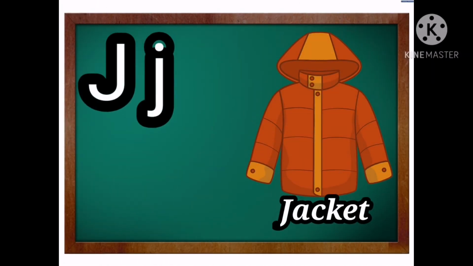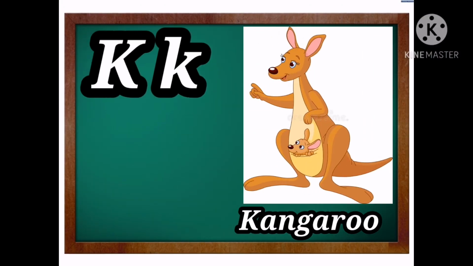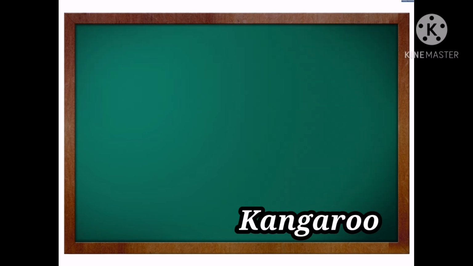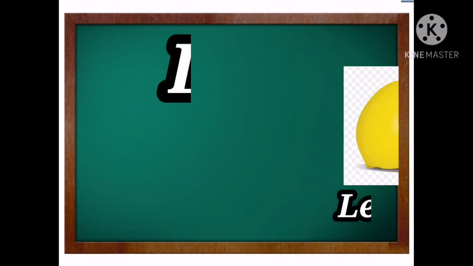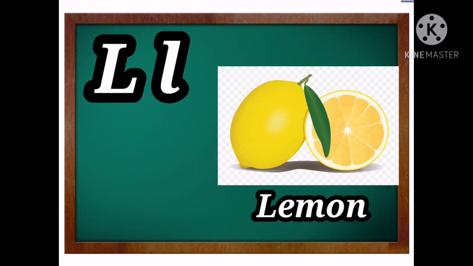J for jacket. Learners, impressive. K for kangaroo. Learners, brilliant. L for lemon. Learners, very good.